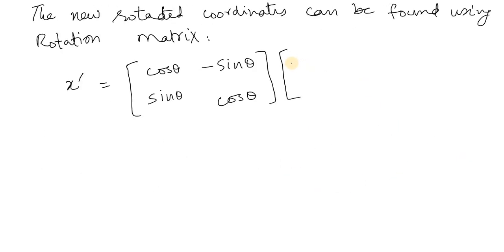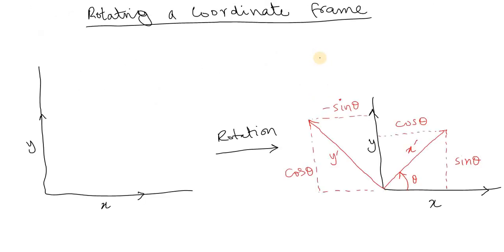So for the x component, the x value is 1 and 0. This is because the x component is only located along the x-axis.